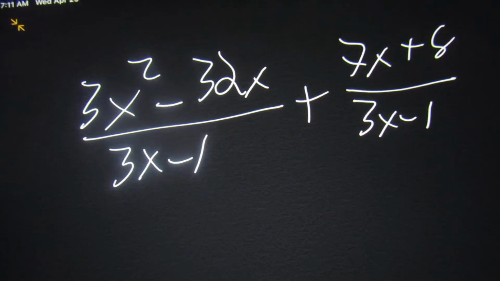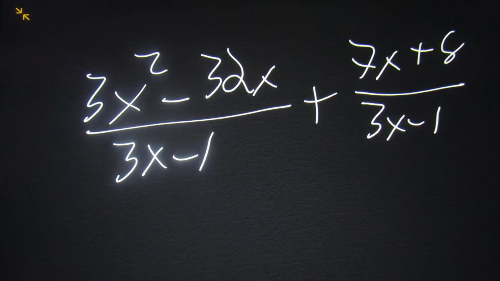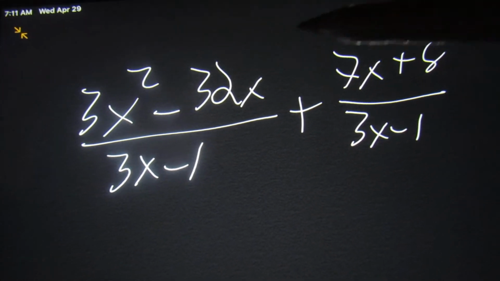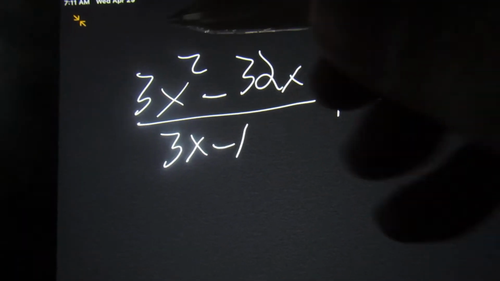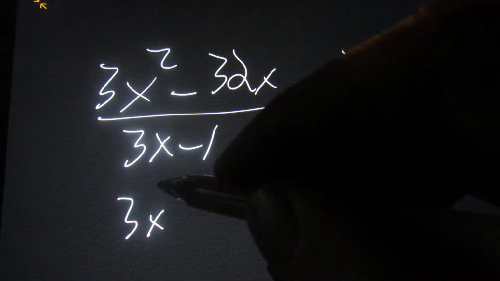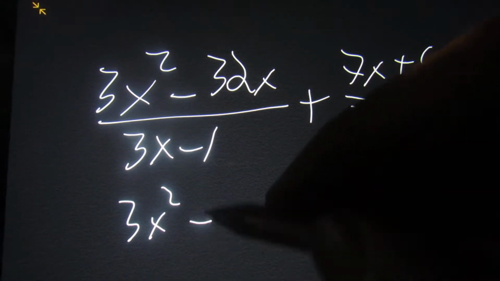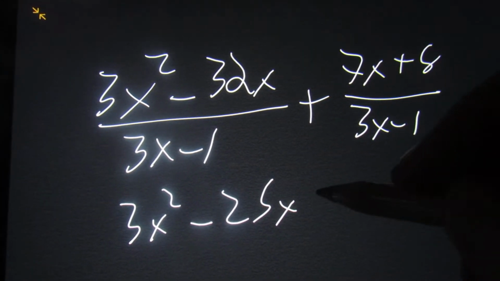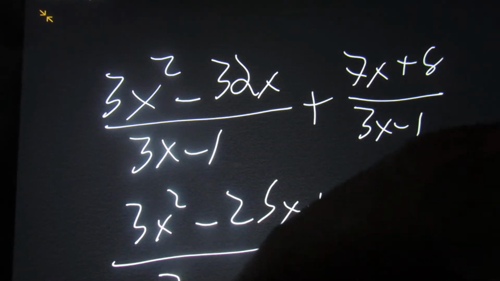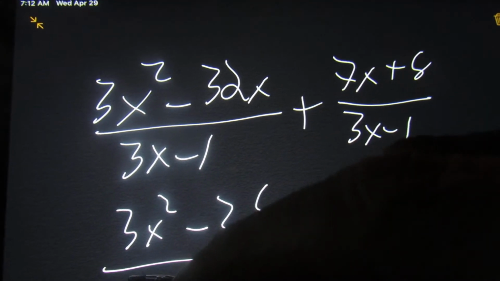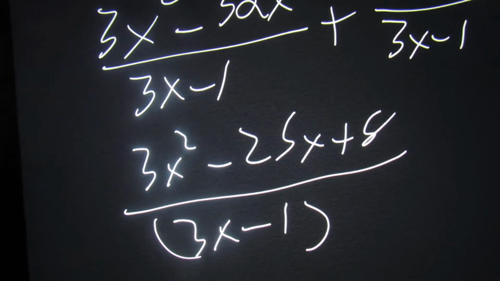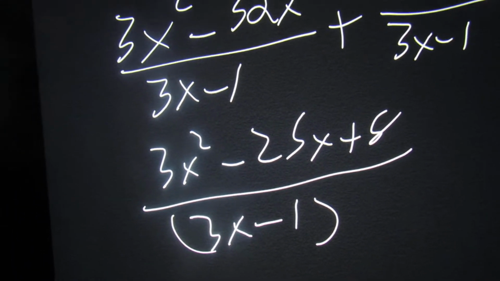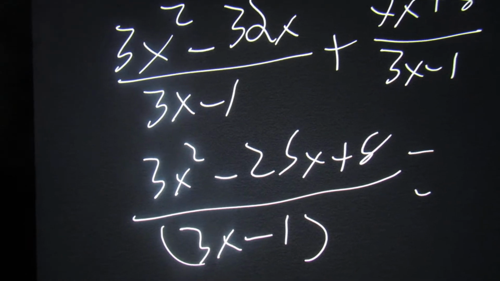So I'm going to add the numerators because I already have the same denominators, and the only terms that can be added are the negative 32x and the 7x. So I'm going to have 3x squared minus 25x plus 8 over 3x minus 1. And again, put the 3x minus 1, the binomial, in parentheses so you know it is all together.